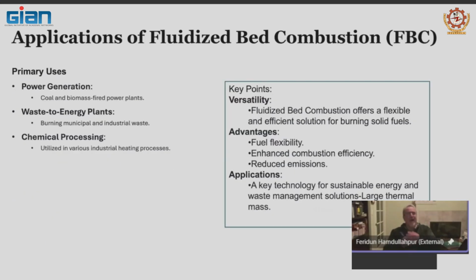So far I kept talking about power generation, that you use coal, and sometimes you co-fire coal with other fuels. Co-firing means you mix, let's say, coal with biomass, or there is something called, for example, petroleum coke. It is the sludge after the catalytic cracking.